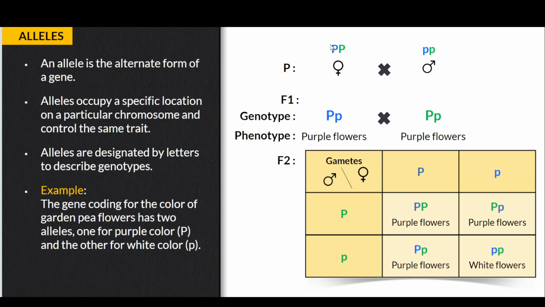One is for purple color, which is capital P, uppercase, and the lowercase is representing white color. So there are purple flowers and white flowers. This is phenotype because this is physical appearance, right? But for genotype we use alleles, which are just alternate forms of genes.